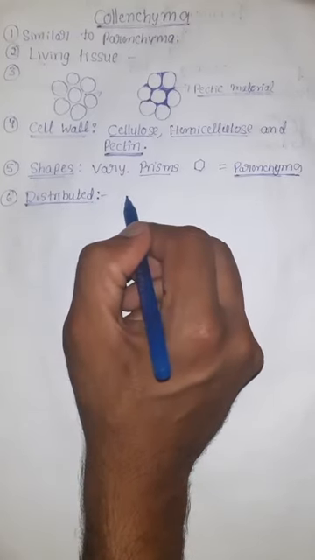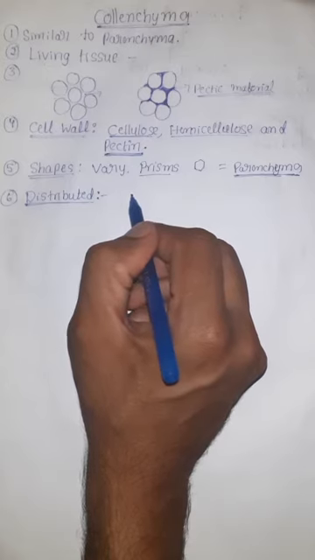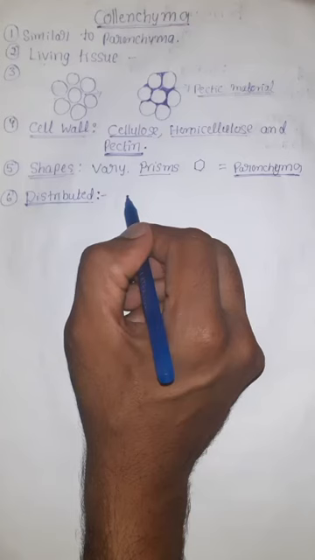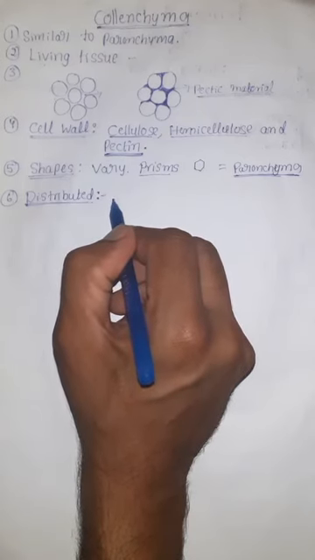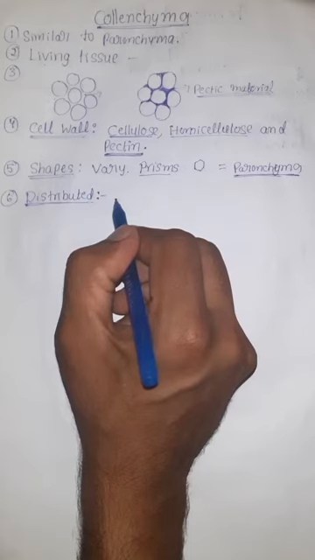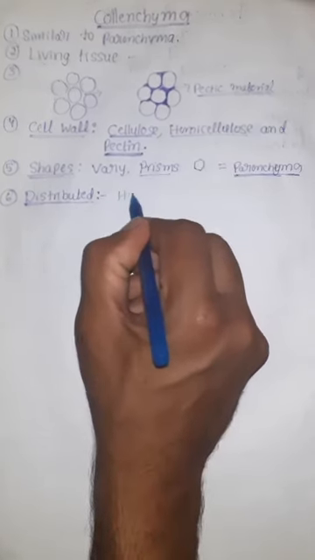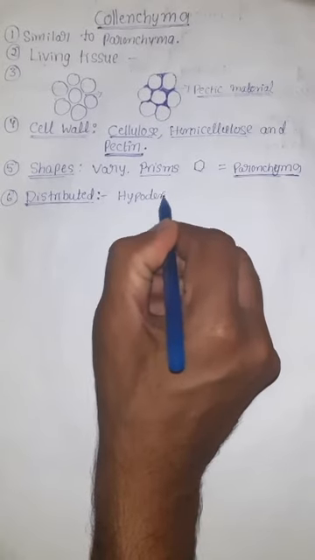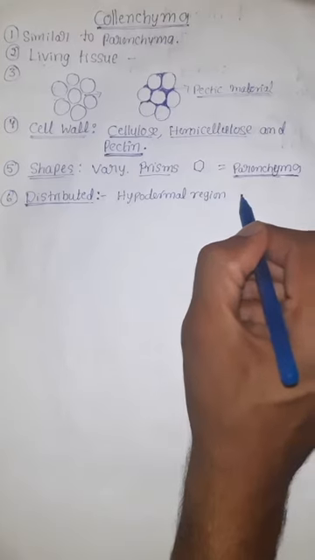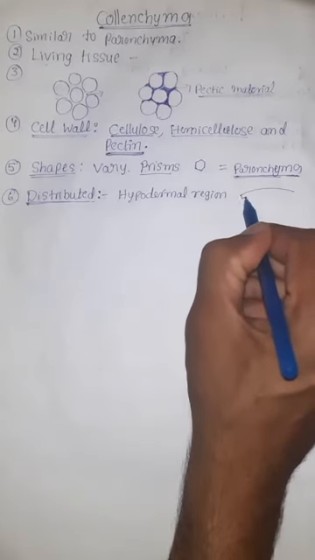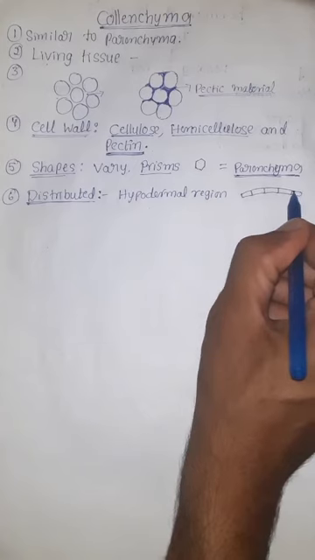We can see it in the epidermal position, cortical region, stellar regions, and mesophyll. But collenchyma is distributed in particular regions, such as the hypodermal region, which means beneath the epidermis.